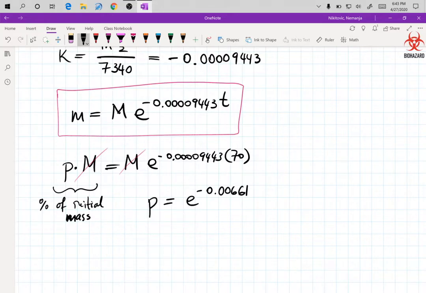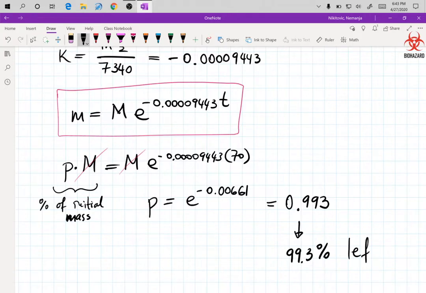So now I go second E caret, second answer, and we get, careful with the notation, you can't use both. It's either decimals or it's a percent. So the answer is 0.993. So that transfers to 99.3% left.